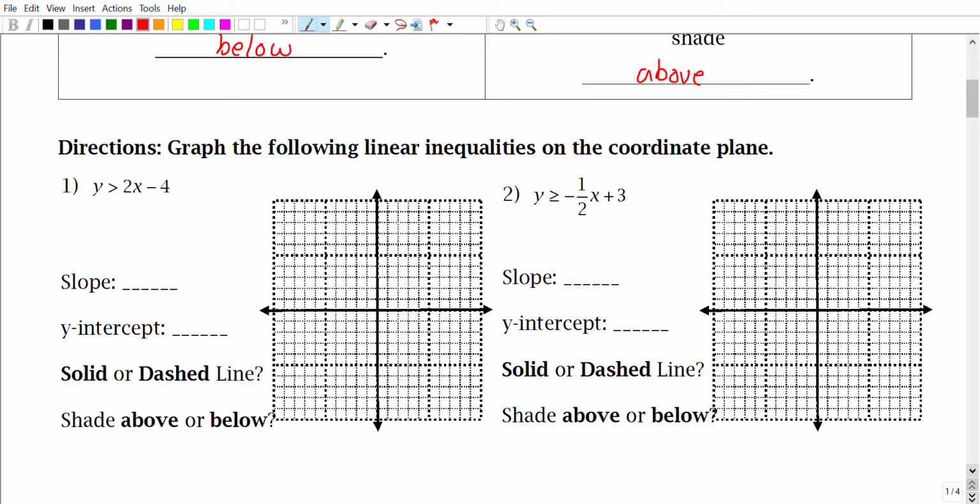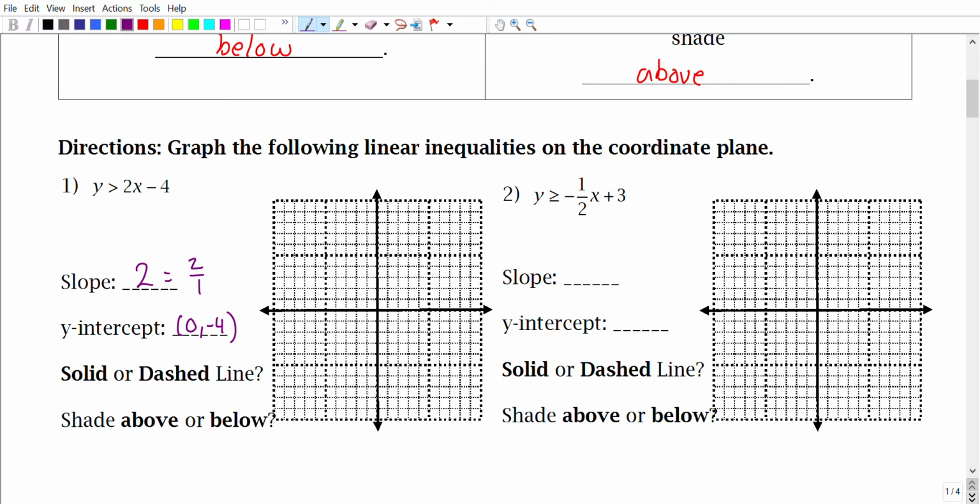It says graph the linear inequalities on the coordinate plane. Let's find our slope first. Our slope we can identify here as 2, or you can write it as 2 over 1, it really doesn't matter. And our y-intercept is (0, -4).